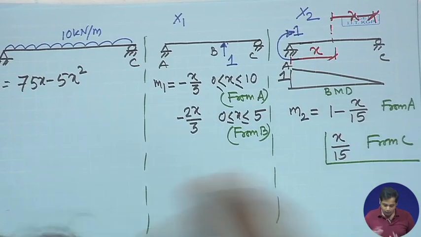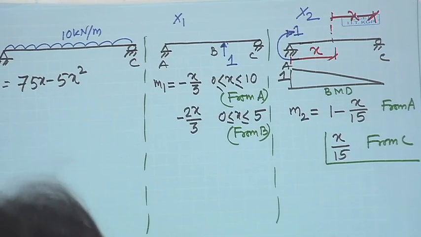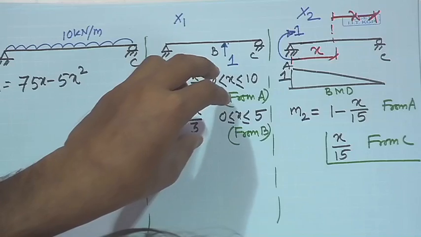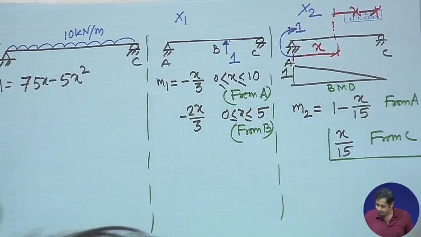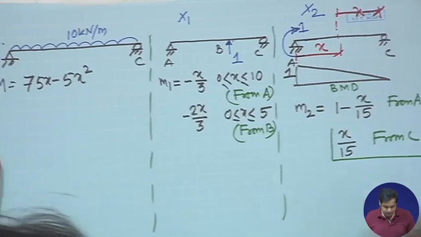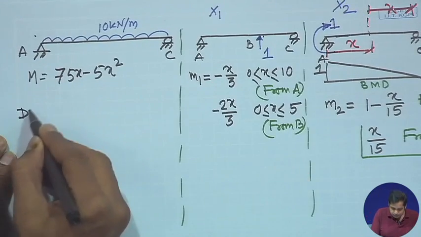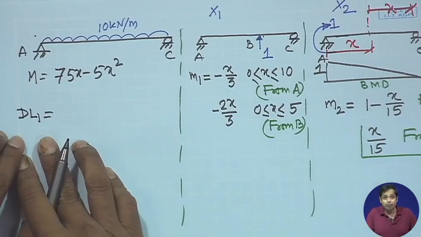Now, the next step is what we need to find out. We need to find out the associated displacements in the primary structure, and then the corresponding flexibility coefficients. So, we first need to find out DL1. What is DL1?